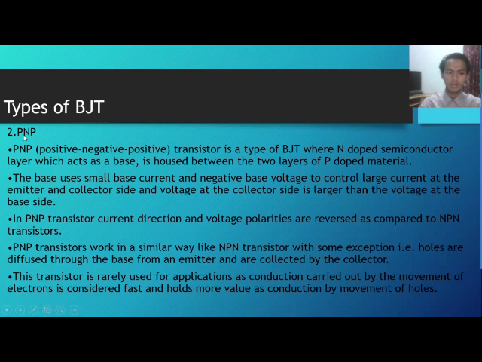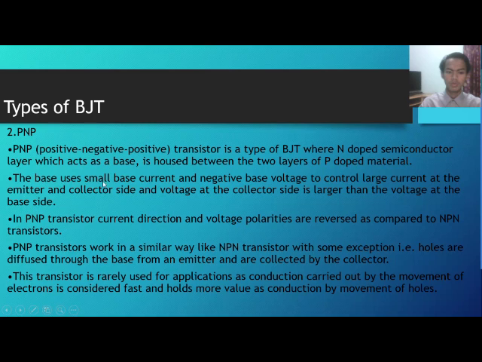Okay, the second, PNP. PNP, positive, negative, positive, is a type of BJT where an n-doped semiconductor layer acts as the base. It sits between two layers of p-doped material.